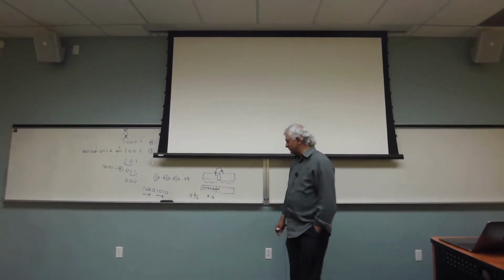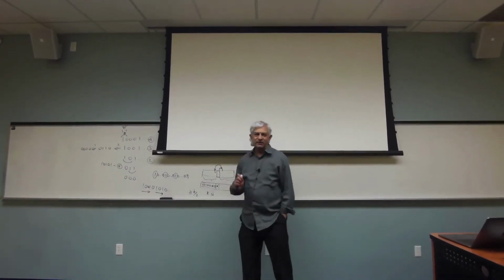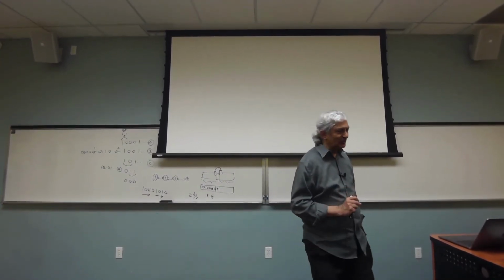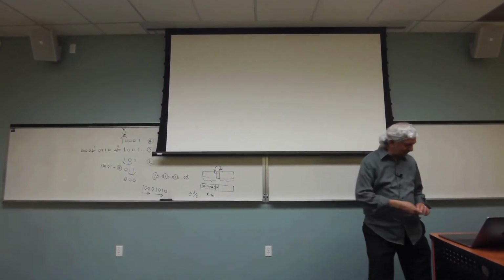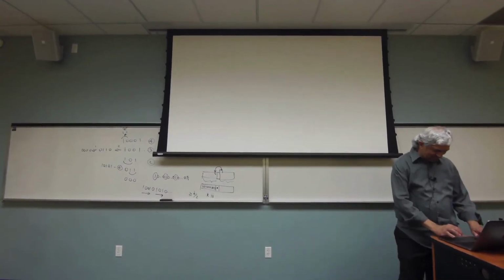So adding that extra bit is absolutely necessary to make sure you get the minimum. That should have been there in the first slide here. I forgot to put that in.